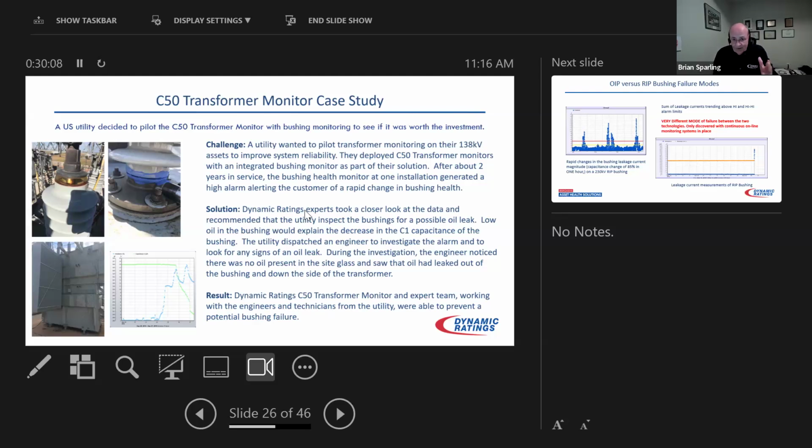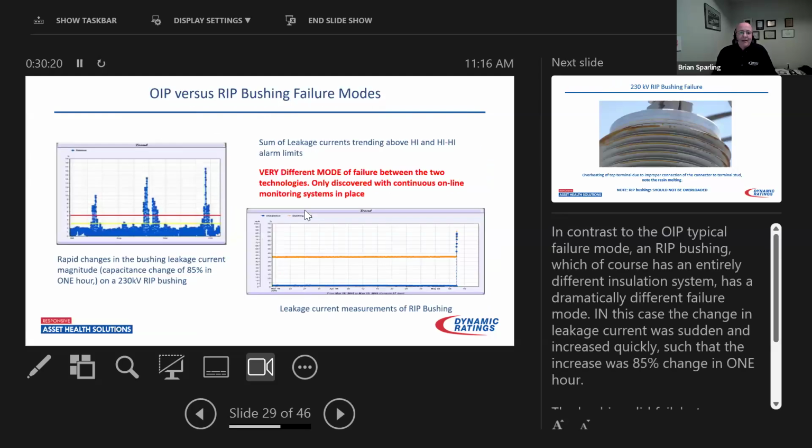So this is the benefit of monitoring. It may not be apparent the first time you put it on, but in service, it picks up when things begin to go wrong. Drew was explaining before about the failure modes, and we picked this up as well with monitoring. This is the only way we could pick this up.